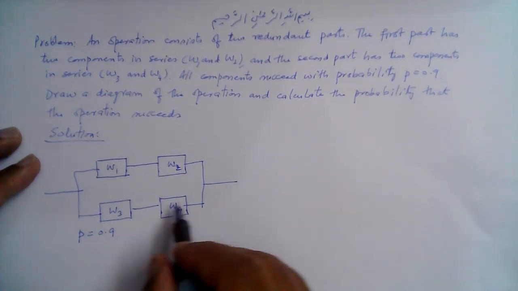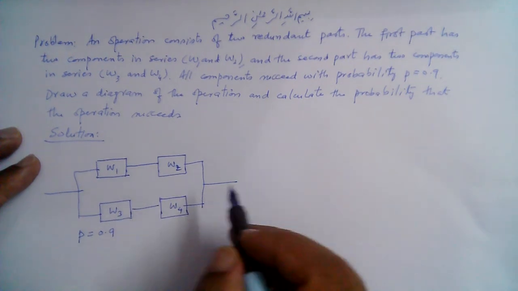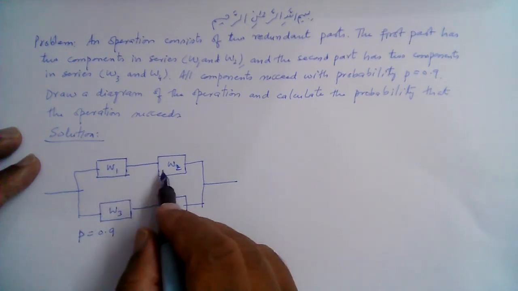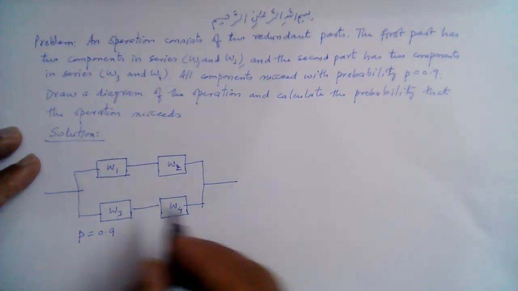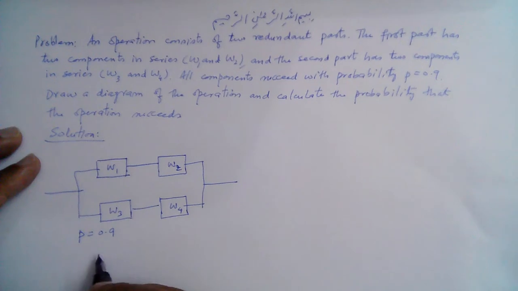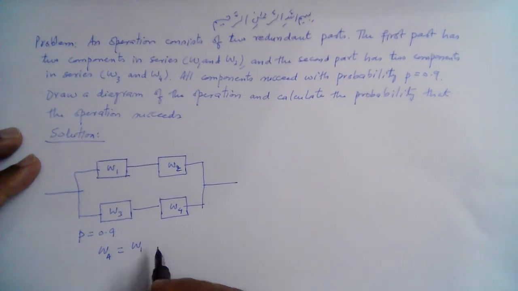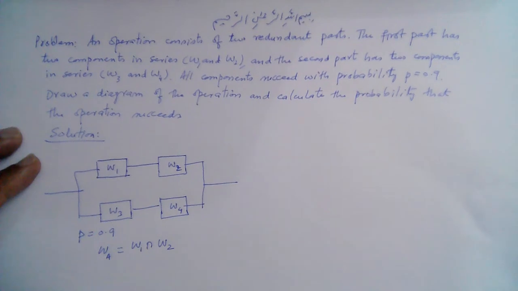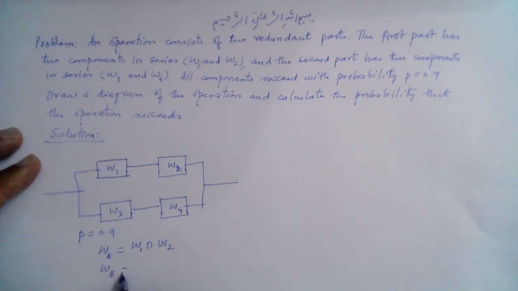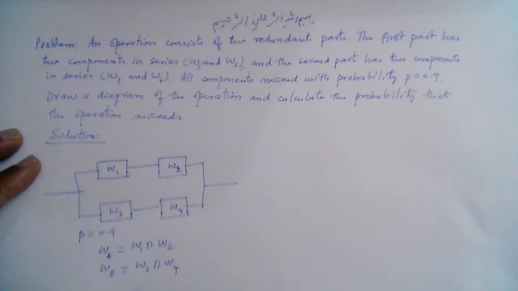So there are two parts. For each part we can calculate a probability. For example, these components in series can be thought of as part A, and the other as part B. Part A will be represented by WA equal to W1 intersection W2, and part B, WB, equal to W3 intersection W4.